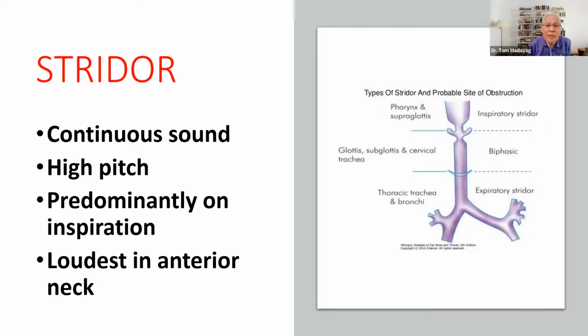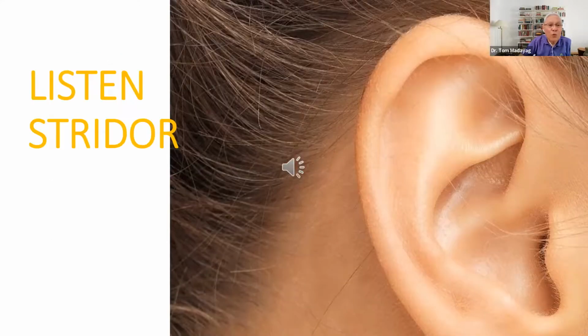It originates from the upper airway and occurs mainly on inspiration. It is distinguished from other sounds by its location in the neck more so than in the chest. Okay? So this is what stridor would sound like.